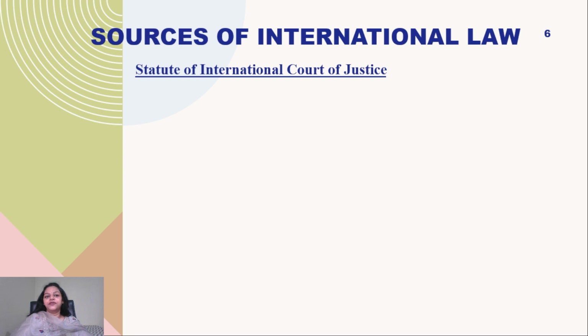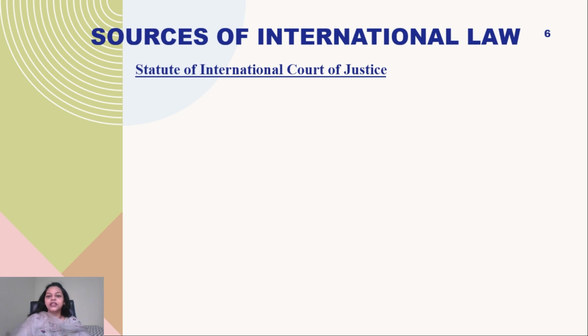For example, if I have to draw an analogy with the Indian legal system, the Constitution of India is the backbone legal document from which other laws emanate, right? The Constitution of India is a document where we can trace the powers, role, duty, and responsibilities of the government and its agencies primarily. Similarly, the constitution of the International Court of Justice is known as the Statute of International Court of Justice.